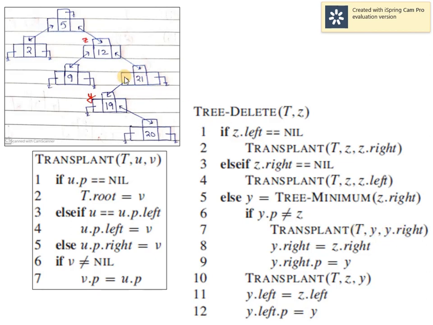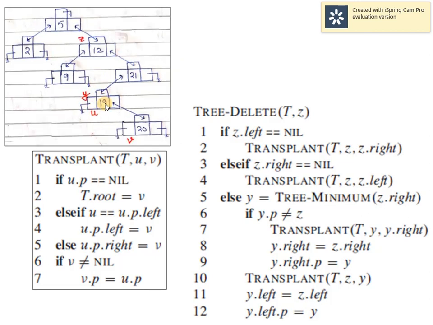That means in place of y, we have to put y.right, because this y will be used to replace z. Our motive is to first disconnect this node 19 from this subtree. That's why we are calling y comma y.right. So now u is pointing to 19 and v is pointing to 20.